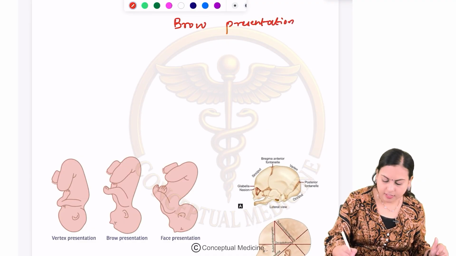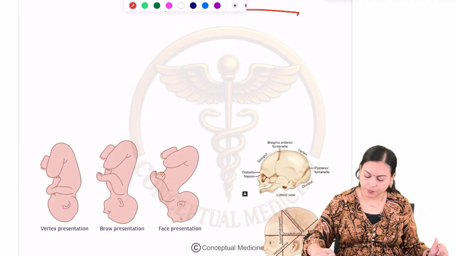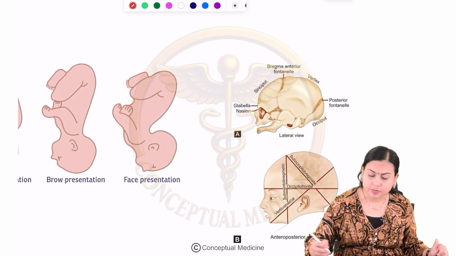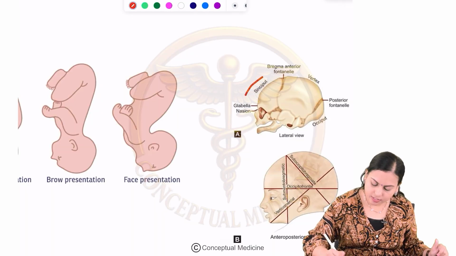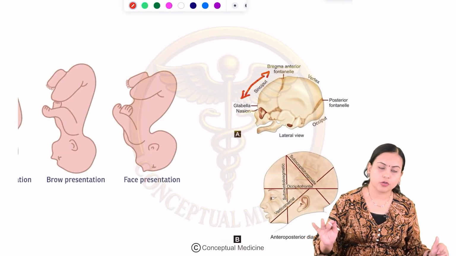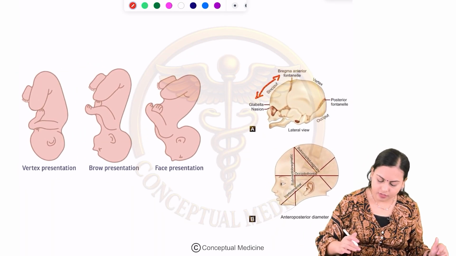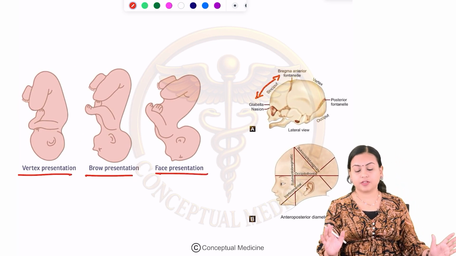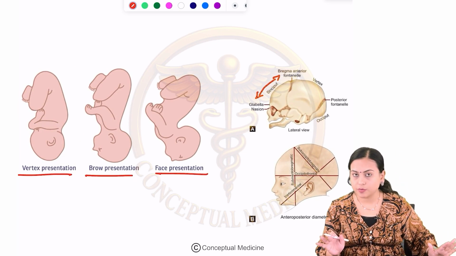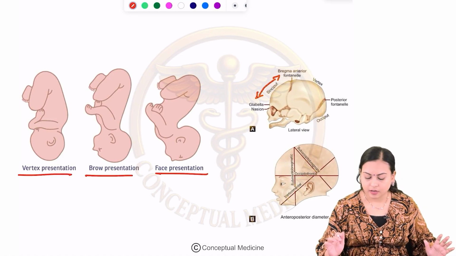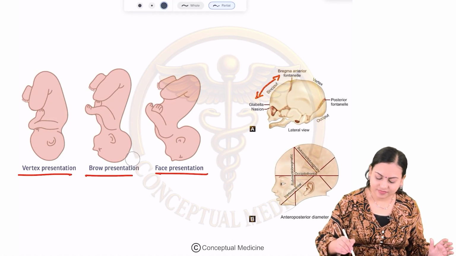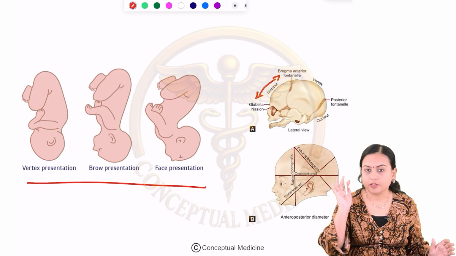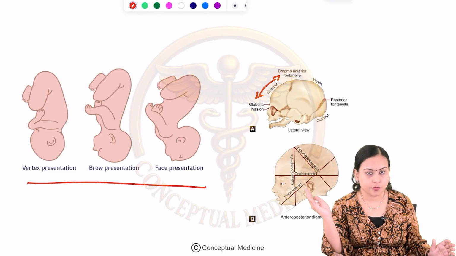So, brow presentation, I have already explained, is the space that is present between the anterior fontanelle and the glabella. Yes, this is going to be the brow presentation, and if you see this picture, you will be able to understand the difference between vertex, face and brow presentations.